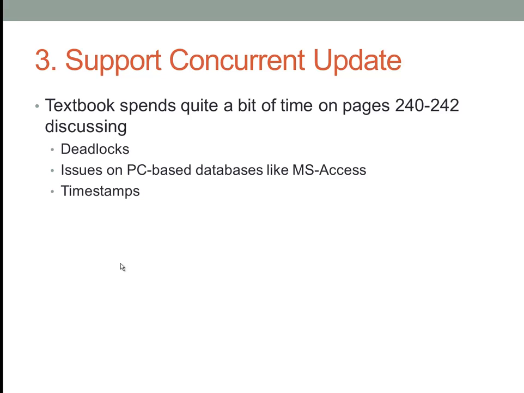The textbook spends quite a bit of time on pages 240 to 242 discussing even further problems that can result from the concurrent update issues. It discusses deadlocks. A deadlock is when you have two individuals waiting on each other for the same data.